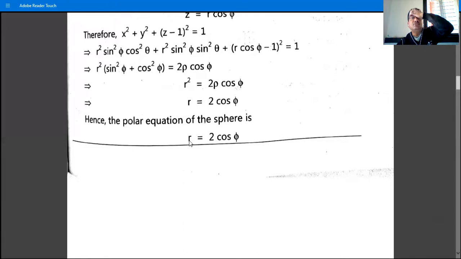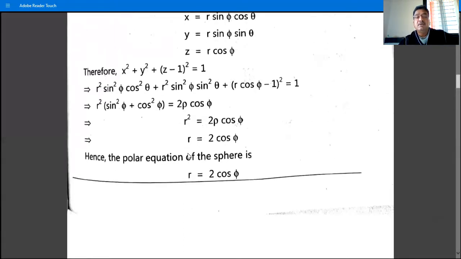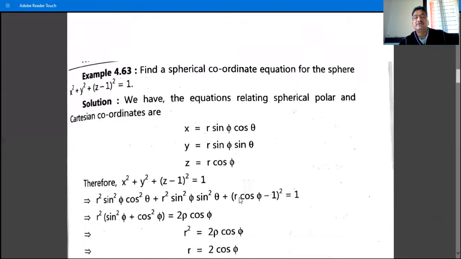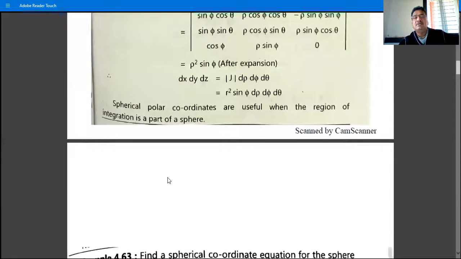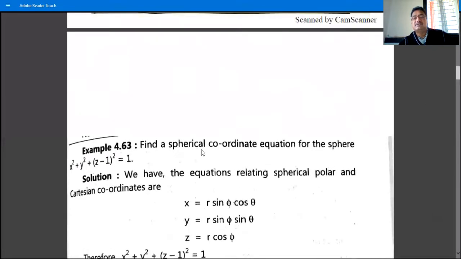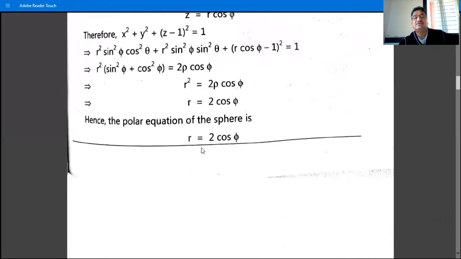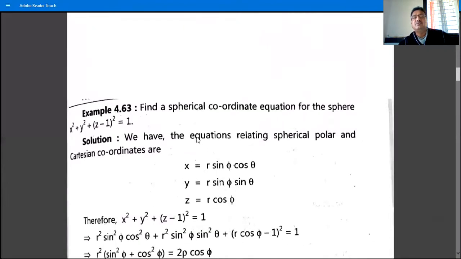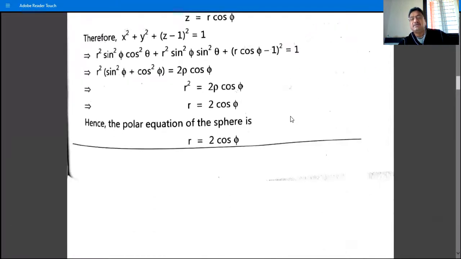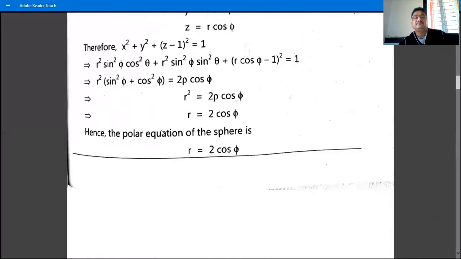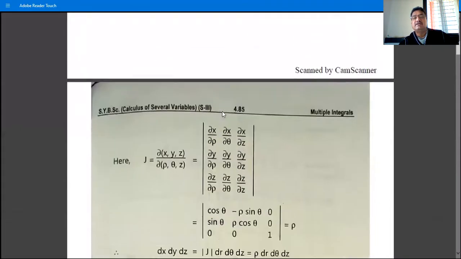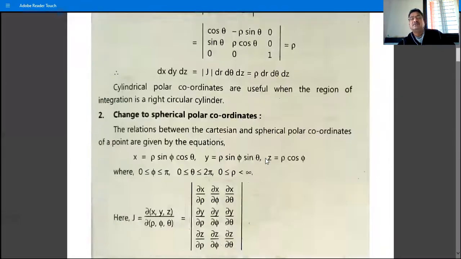So r is equal to 2 cos phi is the polar equation of the sphere, in spherical coordinates. In a question for 2 marks, find the spherical coordinate equation or polar coordinate equation; it is called the polar equation. Both are polar coordinates, but this is spherical polar coordinates and the other is cylindrical polar coordinates.